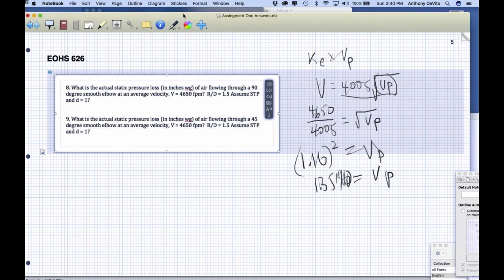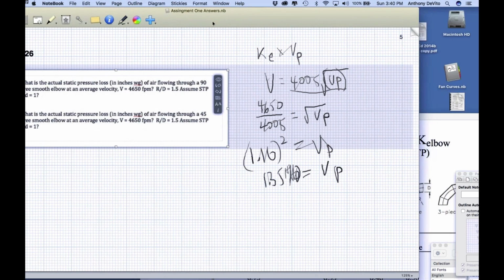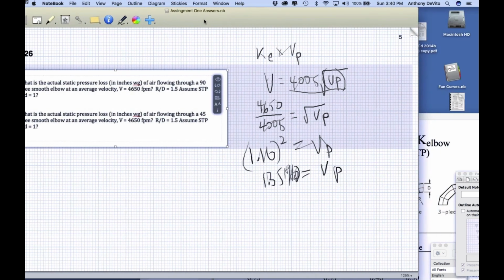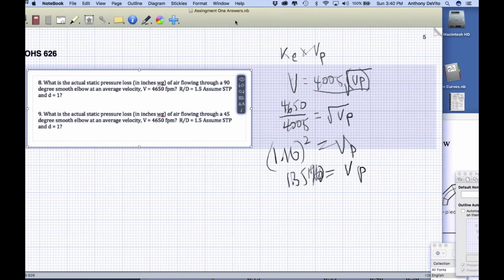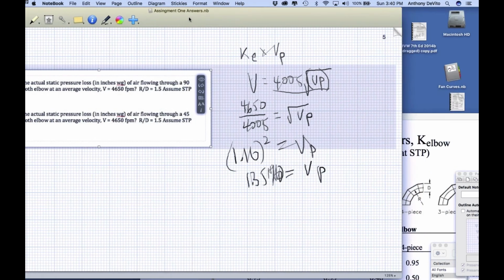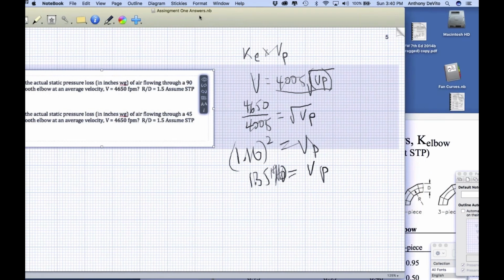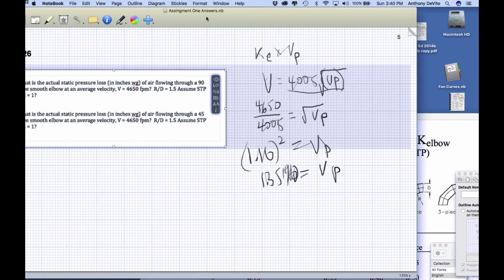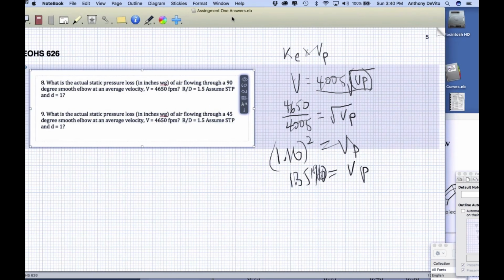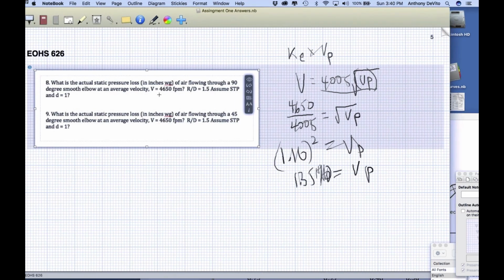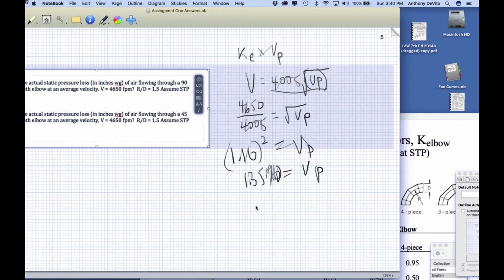We know that our K factor times our velocity pressure. Did I do that before? Actually, I didn't answer the first question yet, did I?